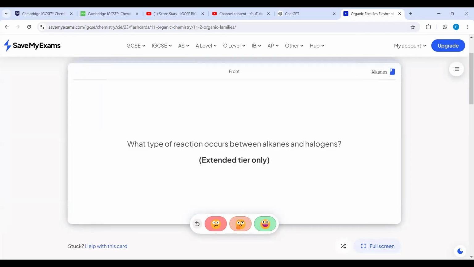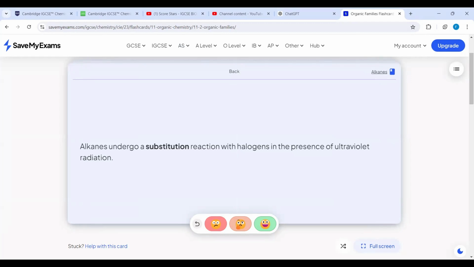What type of reaction occurs between alkanes and halogens? Think and answer. Alkanes undergo substitution reactions with halogens in the presence of ultraviolet radiation. Remember, the condition required for a substitution reaction is UV radiation.